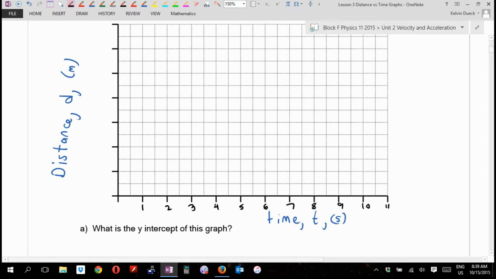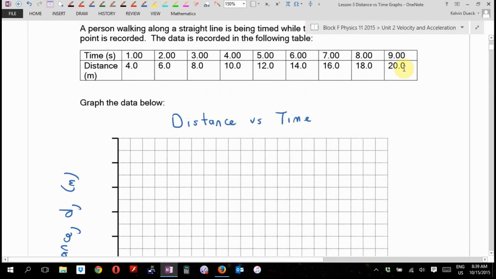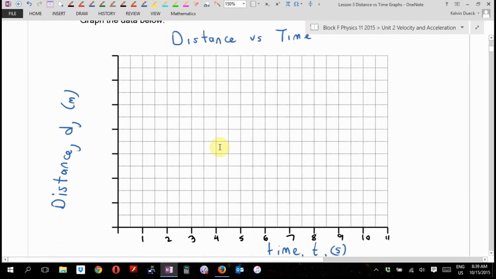What's the biggest distance value that appears? 20? Oh, nice round number. How many vertical squares do I have? 2, 4, 6, 8, 10, 12, 14. I've got to fit 20 in. I guess each small square is going to be worth 2.